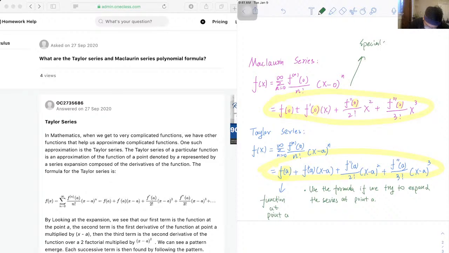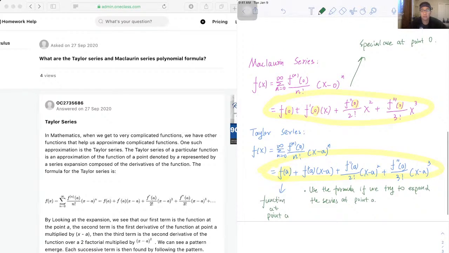So if the point a is 0, we get the Maclaurin series, and the Maclaurin series is a Taylor series at the point 0. So that's all we've got for this question.